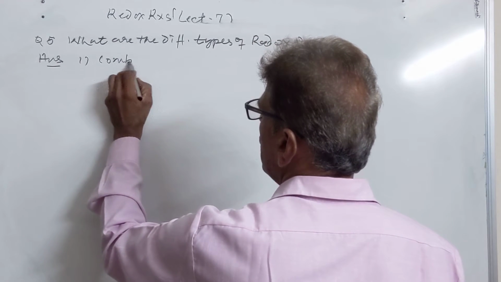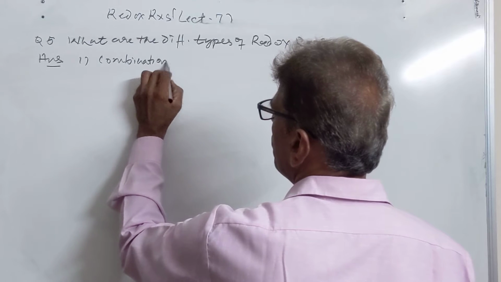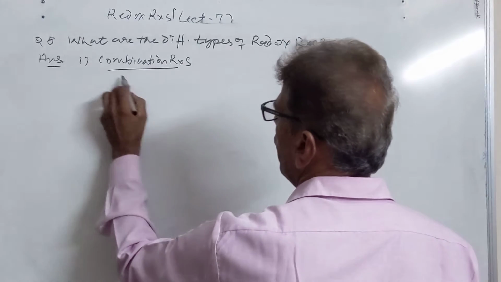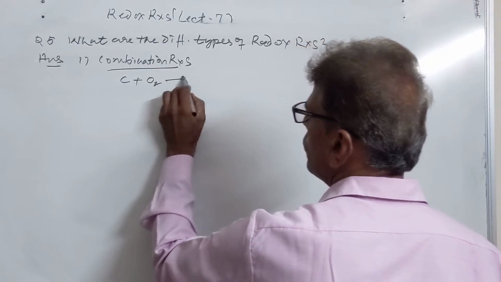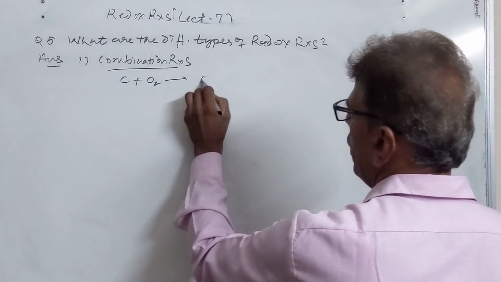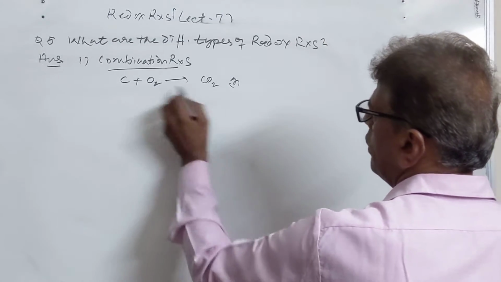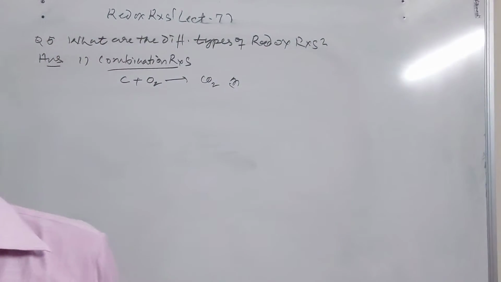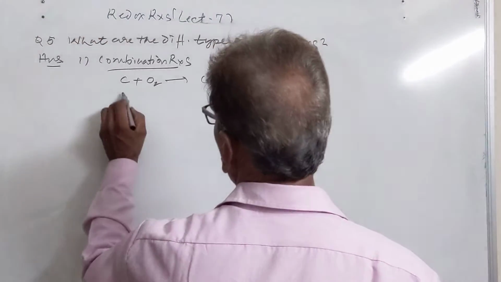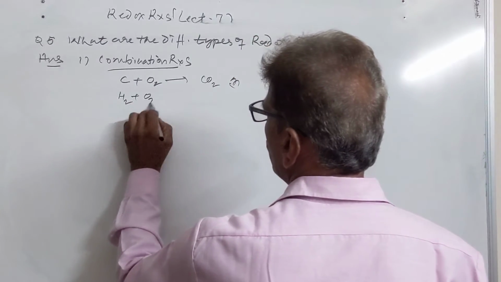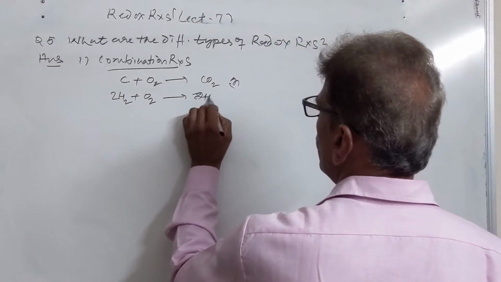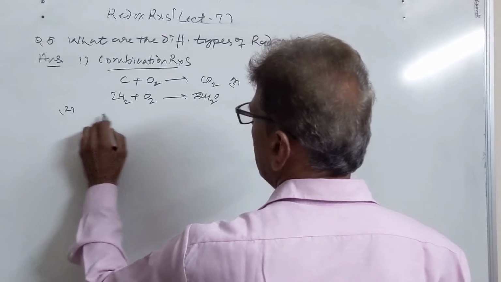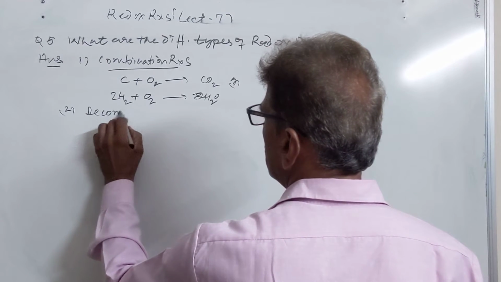Number 1, combination redox reactions. Here two compounds or two atoms combine together to give the product. These are called combination reactions. C combines with O2 to give you CO2. 2H2 combines with O2 to give you 2H2O.